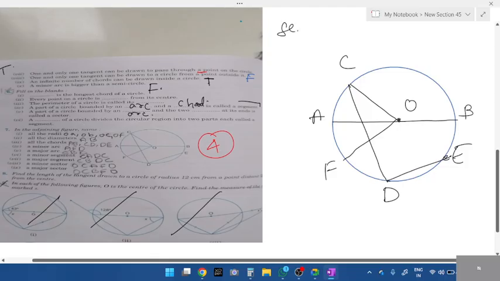So segment is made up of what, students? Segment is made up of arc plus, tell me, radius or chord? Respond all of you. Arc plus what? Chord.